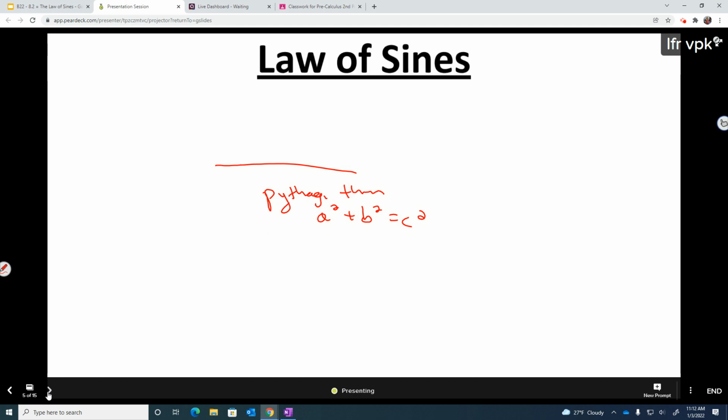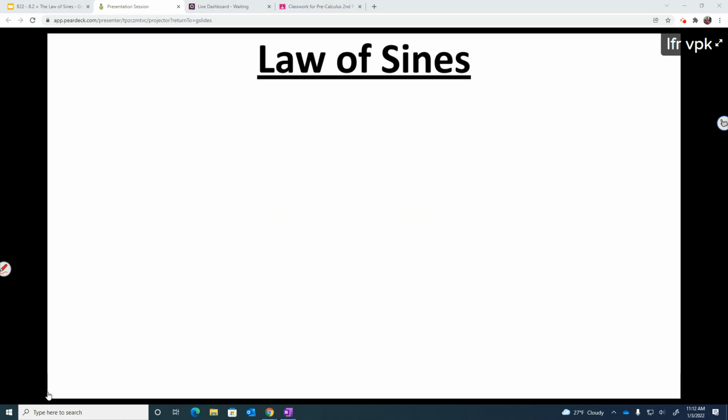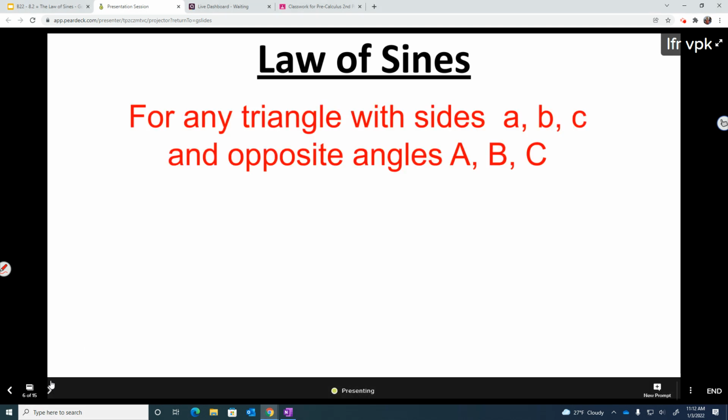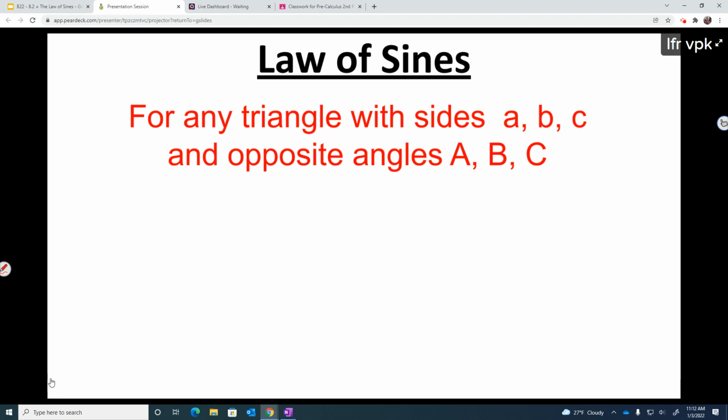All right. So the law of sines is not complicated. Pretty easy formula. But we're going to set it up here first. So the law of sines we use for any triangle. We're going to call the sides little a, little b, and little c. They don't necessarily have to be a, b, and c.